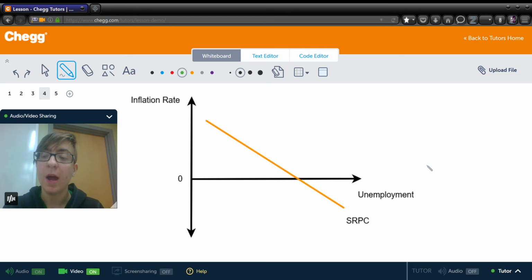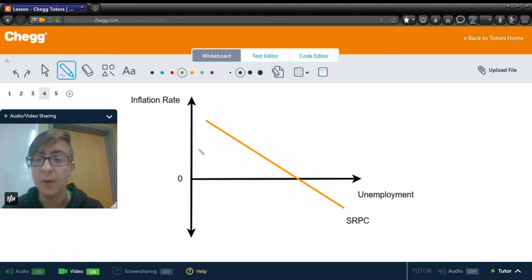If you remember how demand worked, this short-run Phillips curve works in the same way, except in a different application. If you have a high inflation rate, you'll have a low unemployment rate. That means more people will be employed in the economy. And if you have a high unemployment rate, then you'll have a low inflation rate.